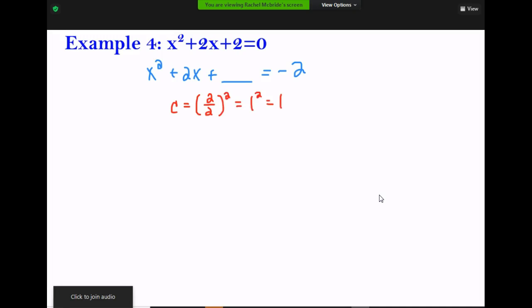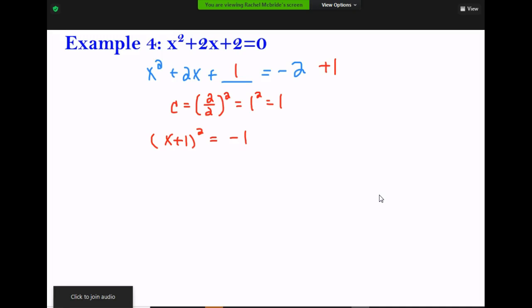So we get 2 over 2, or 1. 1 squared is 1. So we add 1 to both sides. So we get (x + 1)² equals negative 1.